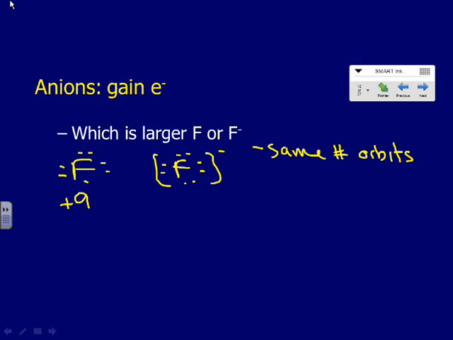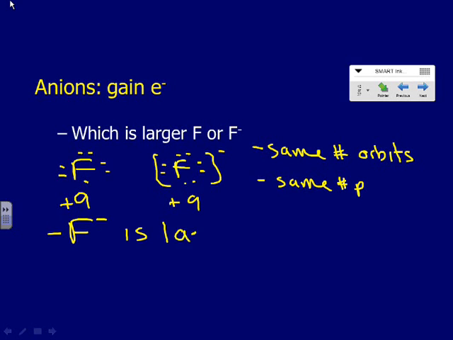How many protons are in the nucleus of a fluoride ion? Yep, 9 protons. Same number of protons. I cannot use argument number 2. This is the only thing of all of these trends that I'm going to teach you over the next 2 days where we cannot use either of these arguments. We still need to use our logic, but we cannot use that logic.